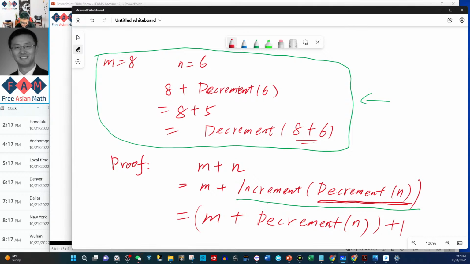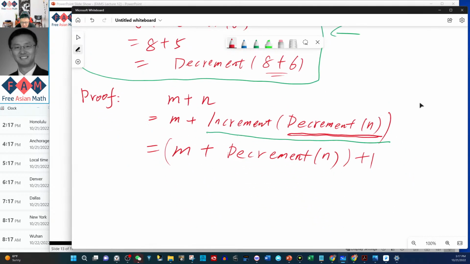What is this step? This is just our definition of what addition is. Remember, addition is just repeated adding 1 or increment: add 1, add 1, add 1. So if we do this first, then if the number being added is 1 bigger than this guy, by definition, the very definition of this expression is this.